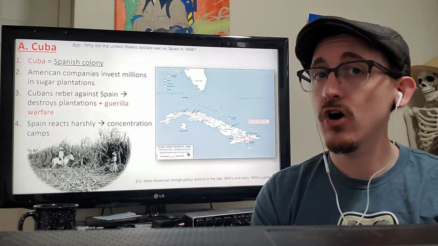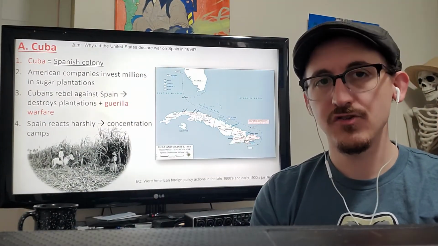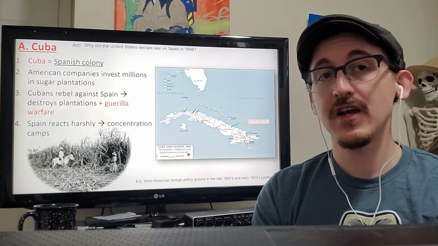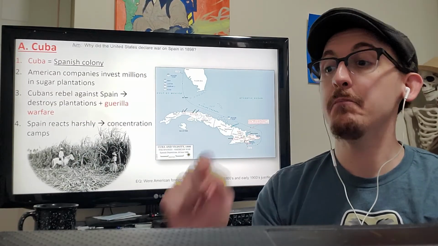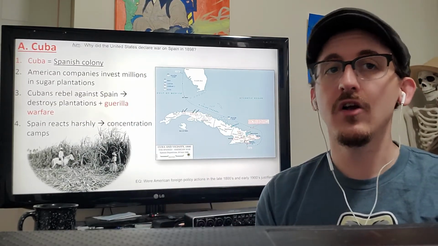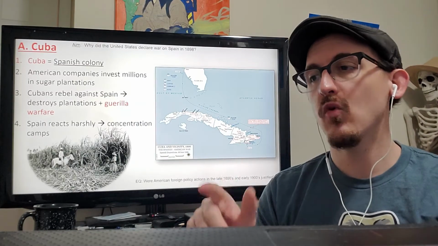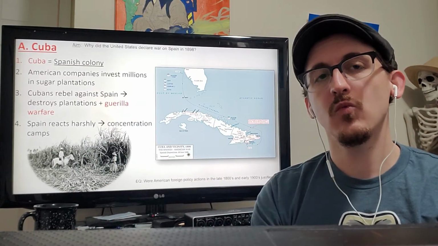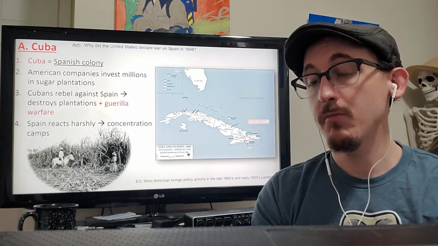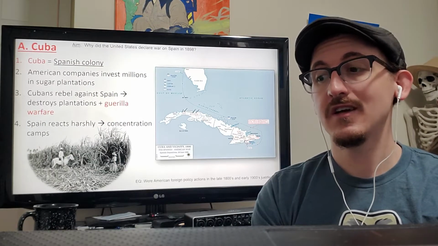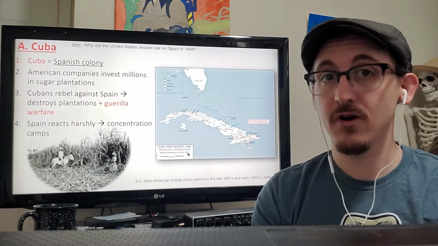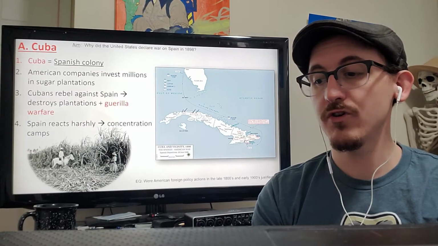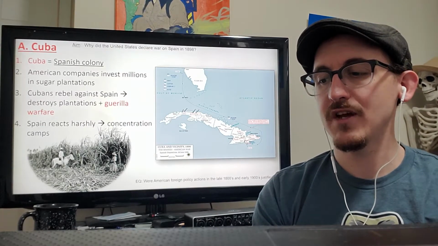Spain reacts harshly, really harshly, to these rebellions. So there's a secondary reason why the American people now, not just the American government, the American businesses want to get involved in this war. They open up concentration camps for these rebels. And these are concentration camps proper, like the ones you would imagine from World War II with the Nazis.